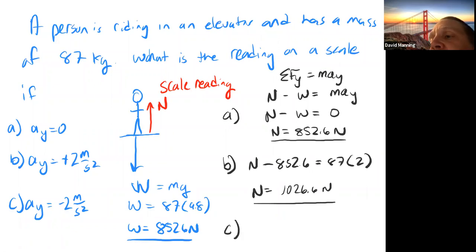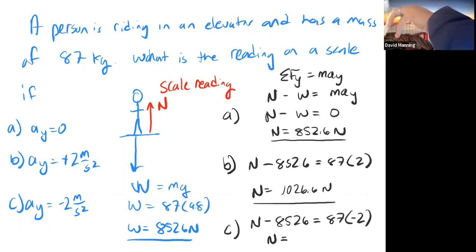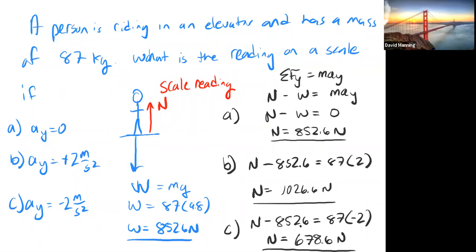In the third scenario, now we have negative 2. So it's N minus 852.6 equals 87 times negative 2, and N is 678.6 newtons.